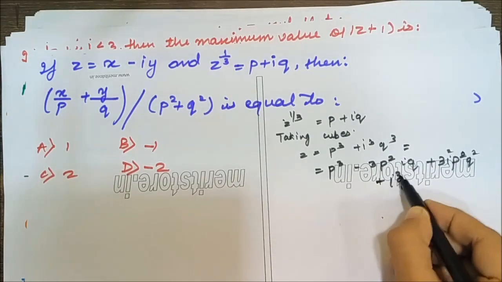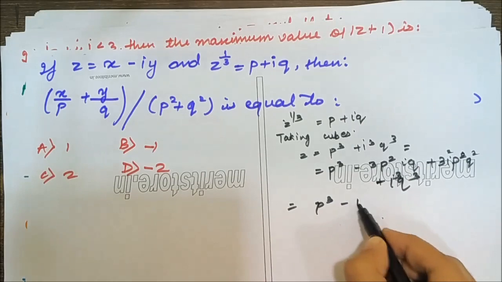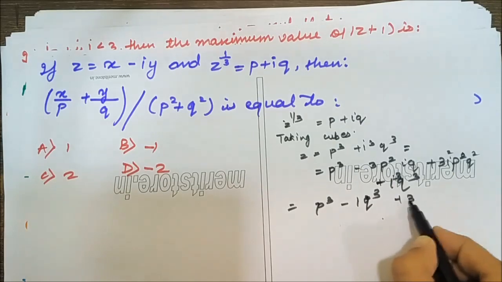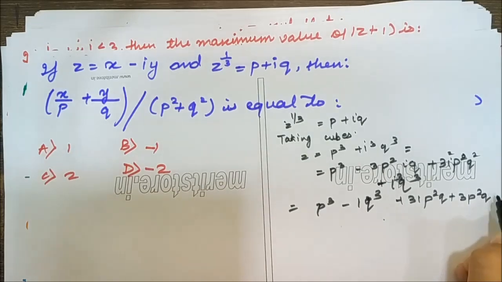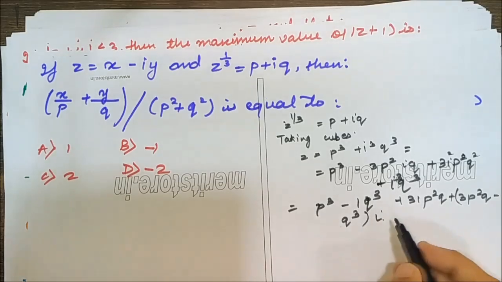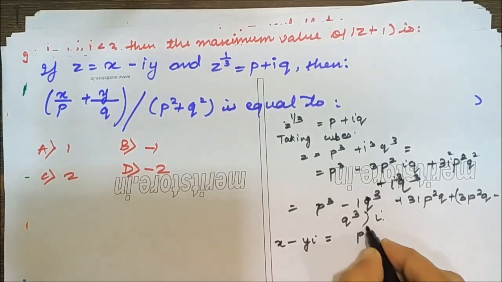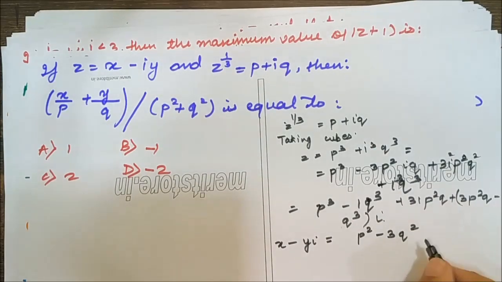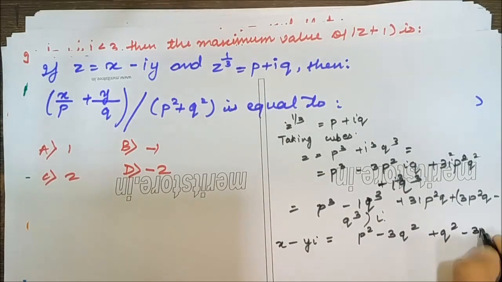Minus i cube q cube. So p cube minus i cube q cube plus 3i p square q, plus 3p q square minus q cube i is common for both. So x minus yi is equal to p cube minus 3p q square, plus i, q cube minus 3p square q.